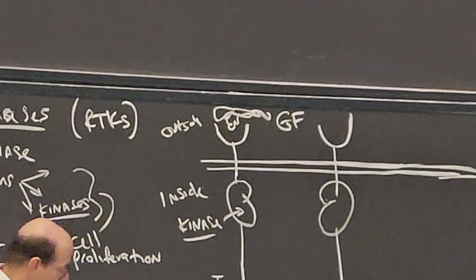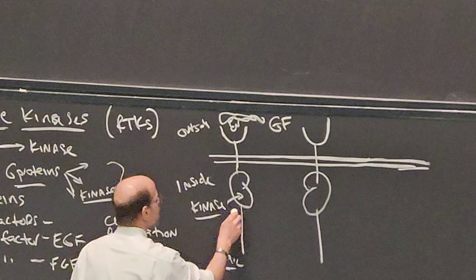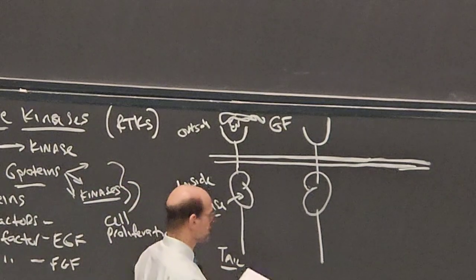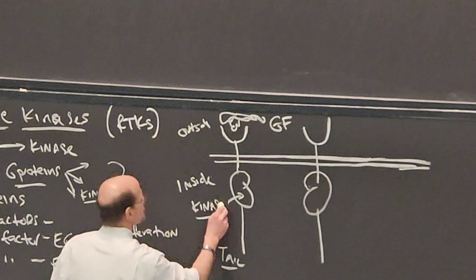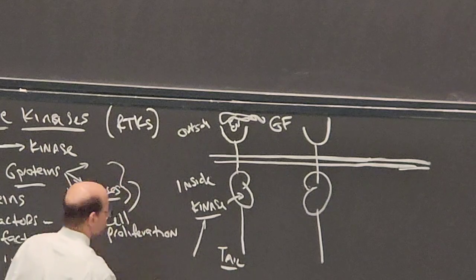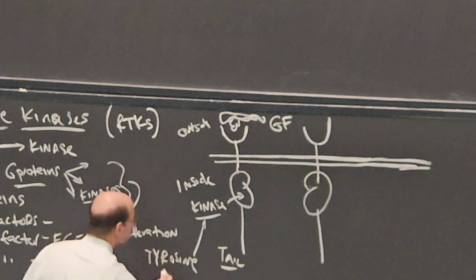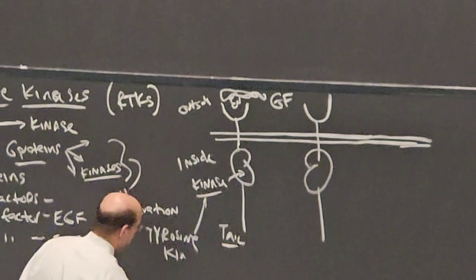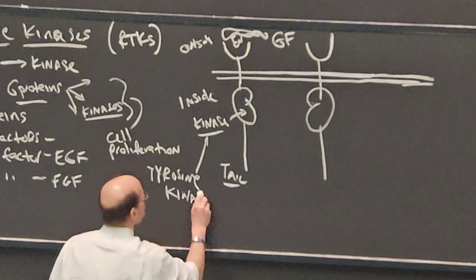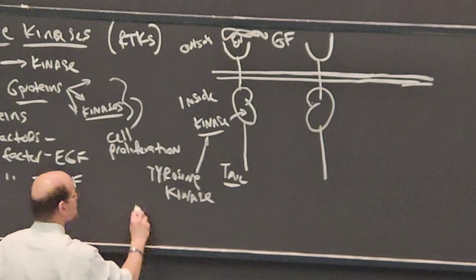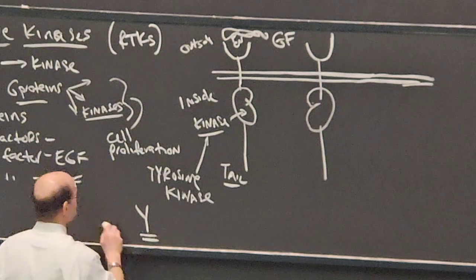Now, what's unique about the kinase that these molecules contain is that this isn't just any old kinase. This in particular is a tyrosine kinase. What I mean by that is it preferentially phosphorylates a tyrosine residue.